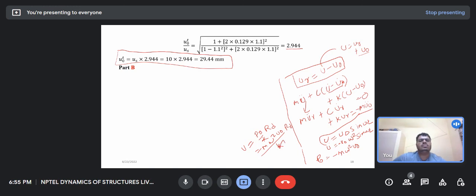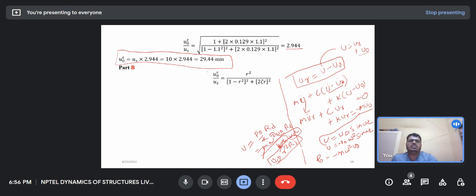If I write it as m omega n square for k, that will cancel out, and that becomes u naught into omega square into rd. Sorry, that will be omega square by omega n square, that becomes r square. So simply multiply rd with r square, you will get the response.